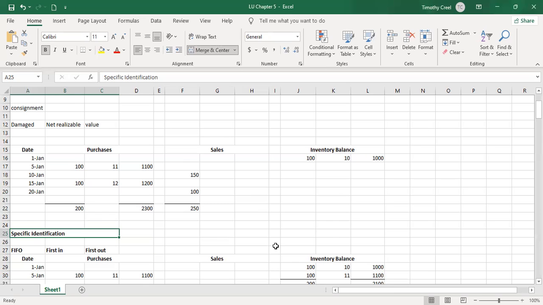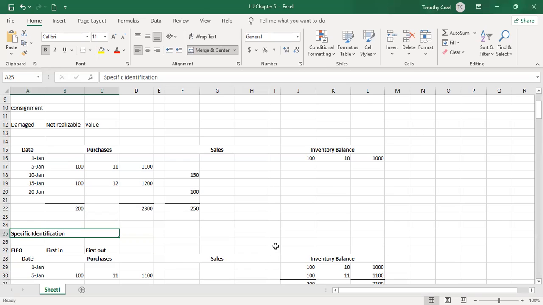So there's going to be 3 methods we're going to look at as to how a company can handle this. And one thing I want to say up front is there's no way to really know which box of Tide is being taken out when a customer buys it. But the 3 methods we're going to look at are just simply ways that companies have to account for their business when this is the case with their inventory.